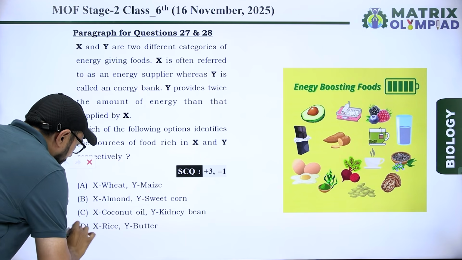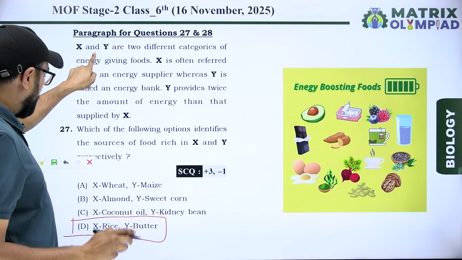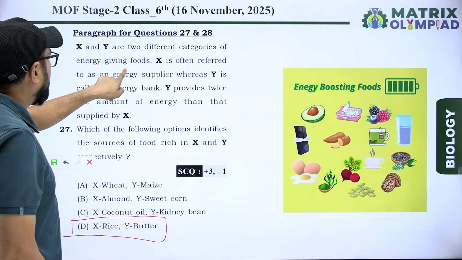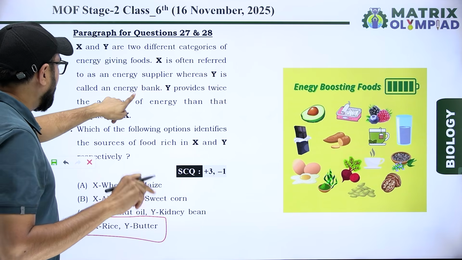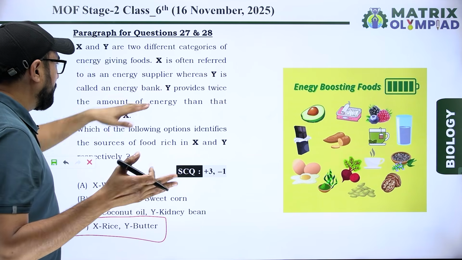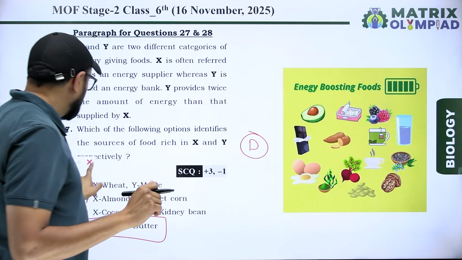In option D, rice and butter are two different categories. Rice is often referred to as the energy supplier and butter is the energy bank. So option D is right for this question.